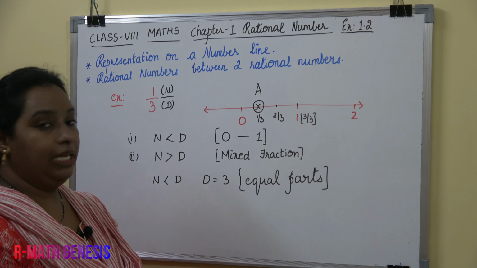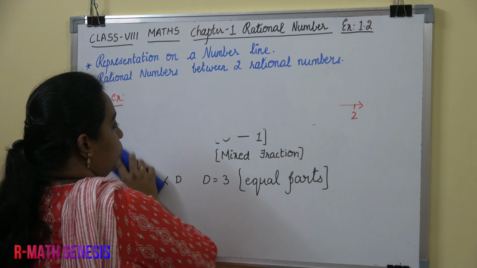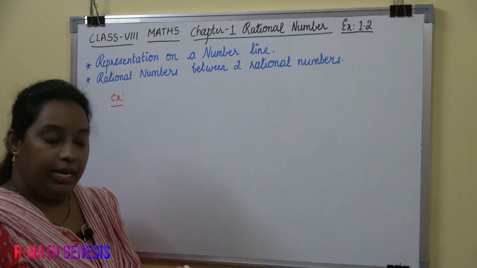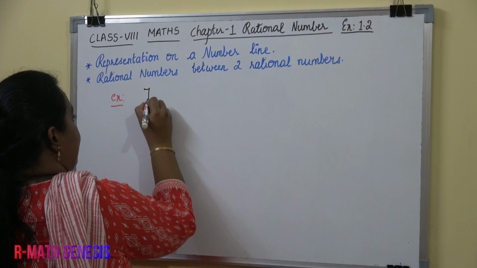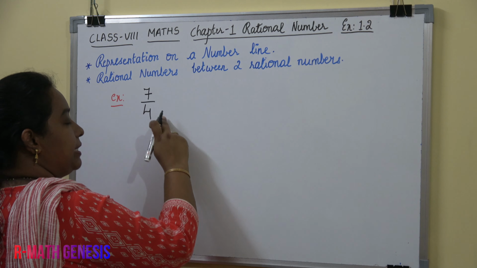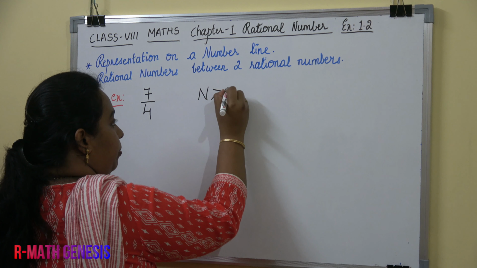Now we will take another example: how to represent on a number line if the numerator is greater than the denominator. For example, if you take the number 7 by 4. Here we can see the numerator is greater than the denominator.